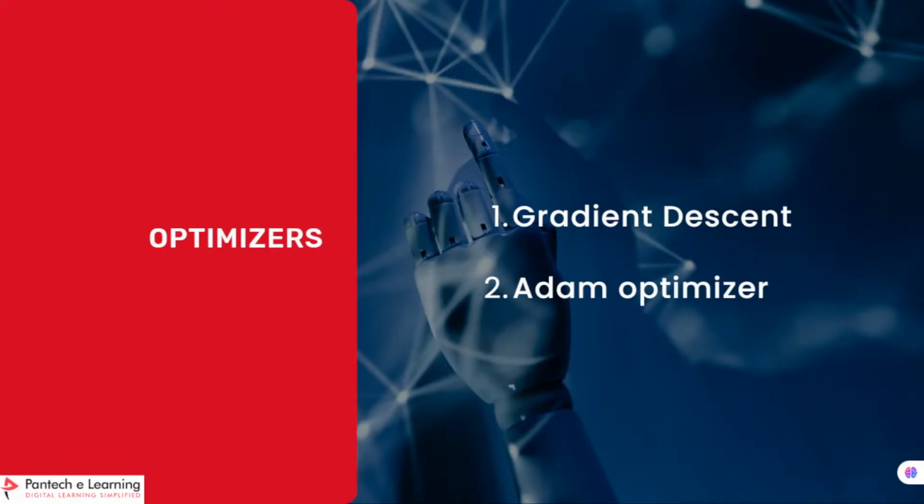Why do we have gradient descent, and why do we come to the Adam optimizer? What is the use exactly? The simple thing is, gradient descent works only for machine learning based content.